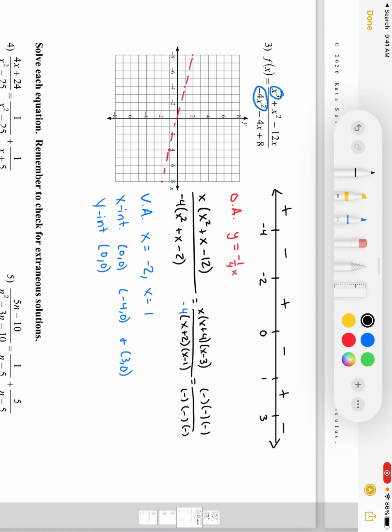So now let's plot our asymptotes. Our vertical asymptotes: we have x equals -2. What's the other one? I can't see. x equals 1. It is right here.